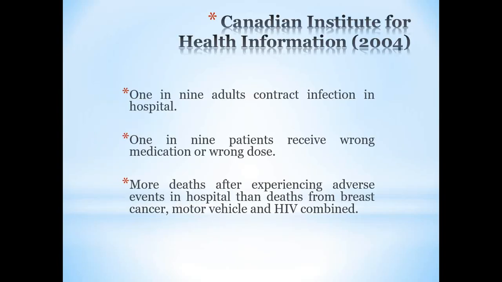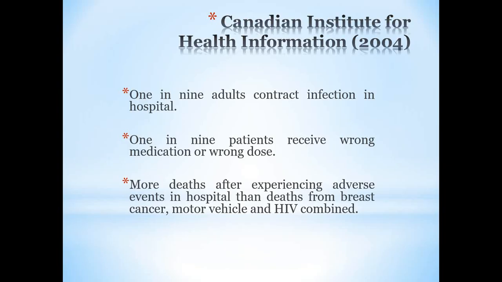Here is the information I share with you about medication error. This data was published in 2004 by the Canadian Institute for Health Information. It says that 1 in 9 adults contract infection in hospital, that is, out of 9 patients, one is exposed to hospital-acquired infections and diseases, and 1 in 9 patients receive the wrong medication or wrong dose.